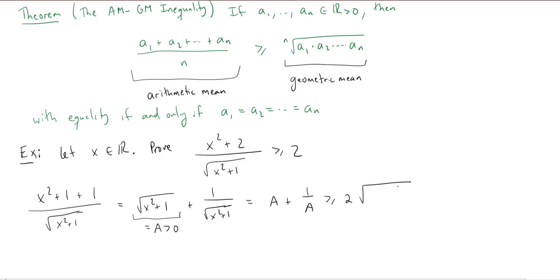Then I take the square root of the product of these numbers, a times 1 over a. Oh, but a times 1 over a, that's just 1. And the square root of 1 is 1, and you multiply it by 2, and you get 2. And so look at that. The quantity we wanted to estimate is greater than or equal to 2. It was immediate, right? AM-GM inequality. All right, tell your friends.